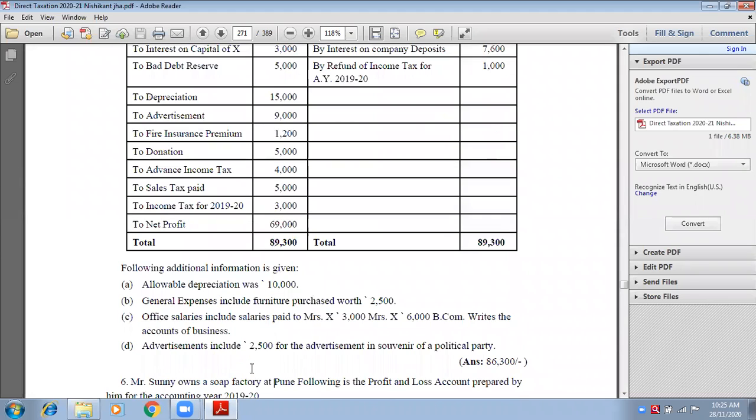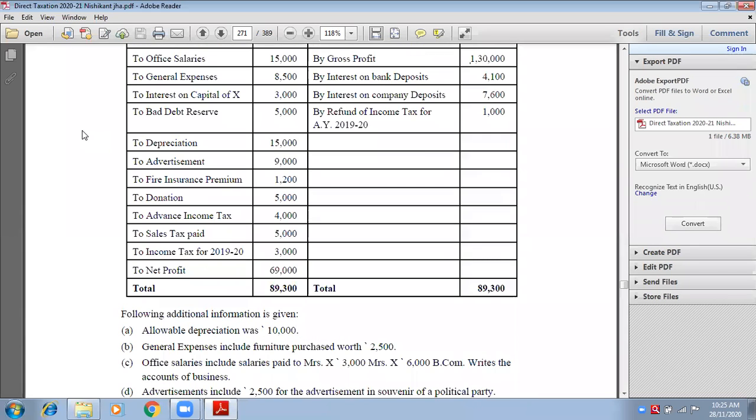Allowable depreciation is 10,000. So first you have to disallow 15,000. Have you disallowed? Yes, ma'am. Okay. General expenses include furniture purchased worth rupees 2,500. These are my general expenses, 8,500. Out of 8,500, you have purchased furniture.